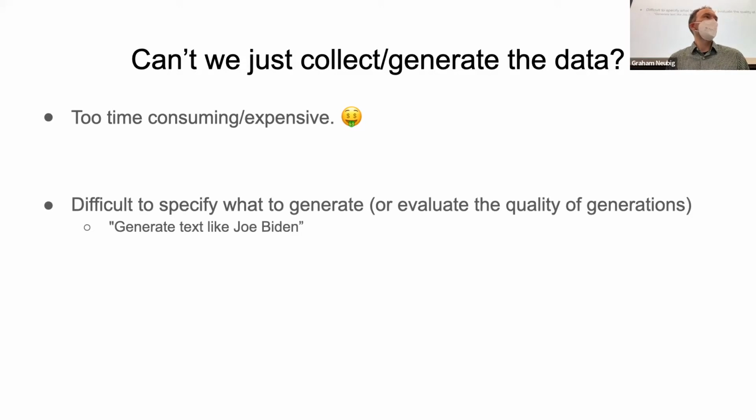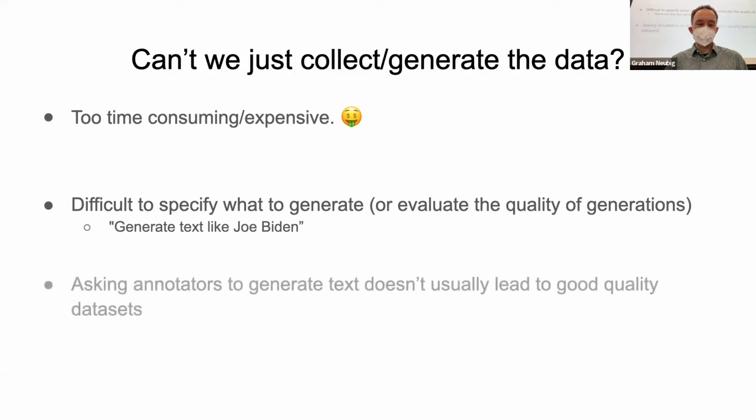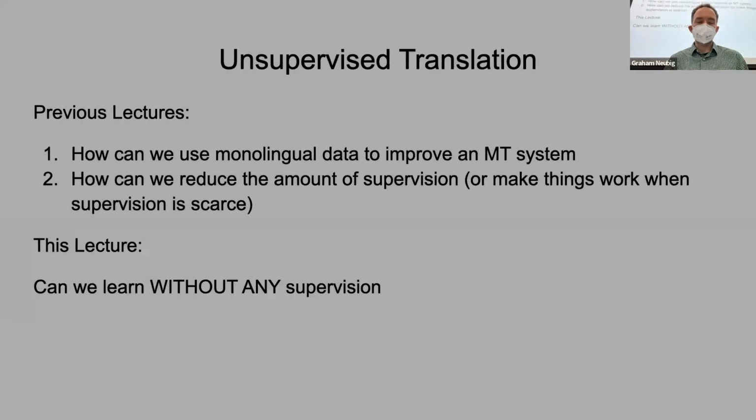So if we said, generate this text like Joe Biden said it, many people here don't know what Joe Biden sounds like enough to even do this in the first place. So it's difficult and underspecified, and finding people who'd be able to do that would be difficult. Because of this, this often doesn't result in good quality data sets.